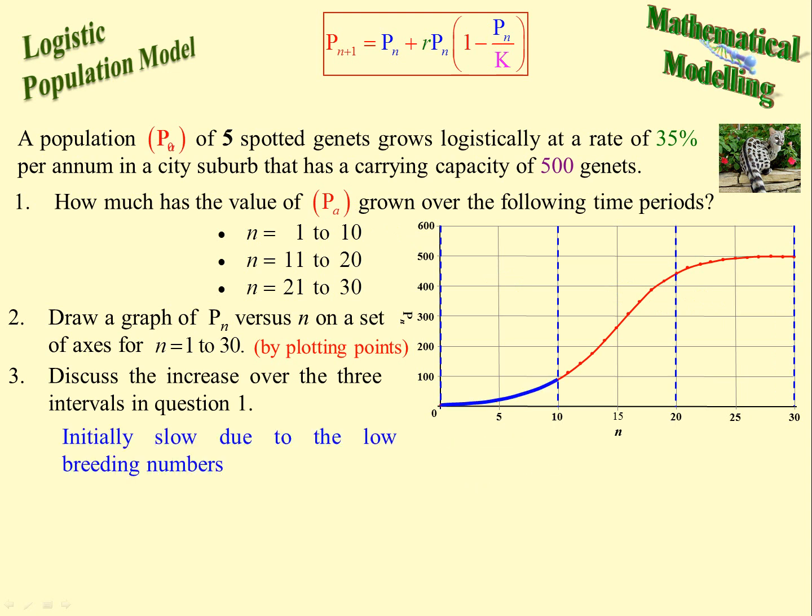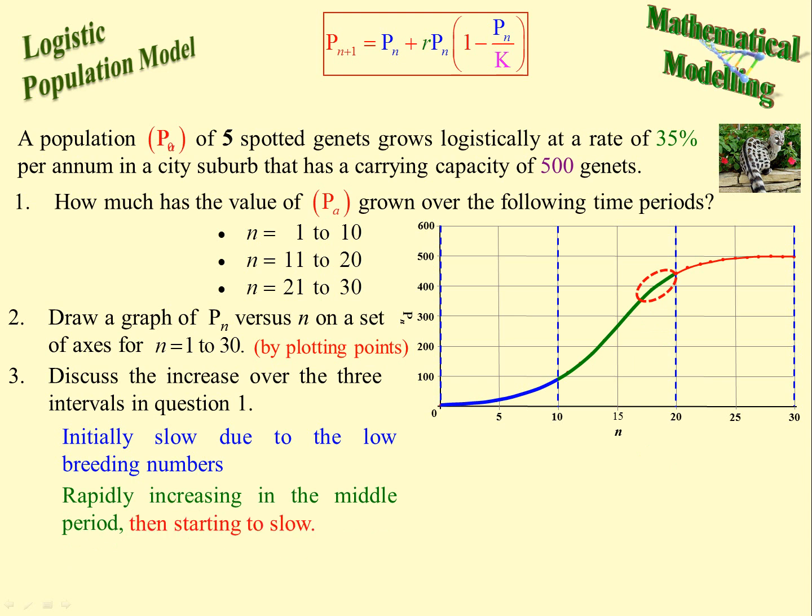Well, the first one, it's initially slow due to low breeding numbers. Then that's a time of rapid increase in the middle period when there's still plenty of food. But notice that it's starting to slow down there. And the final period, slowing down to a constant as the environment limits growth.